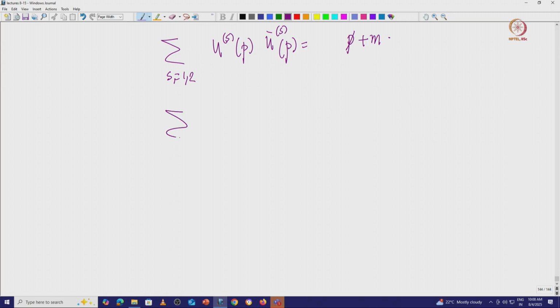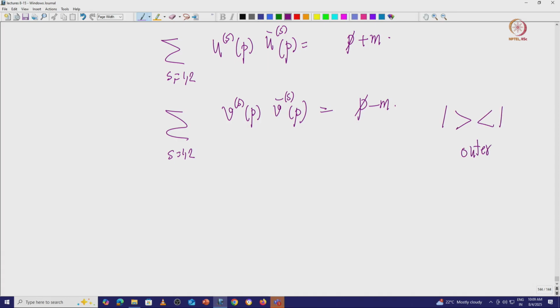Similarly, you have the sum over S equal to 1 to 2 of V of S of P, V bar of S of P is equal to P slash minus M. This is like the outer product of two vectors, but here these are spinors. This is the outer product of the two spinors.